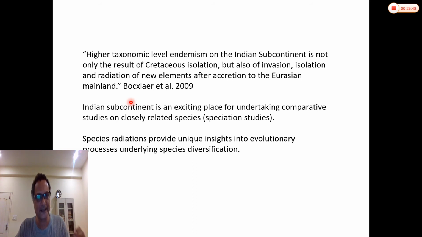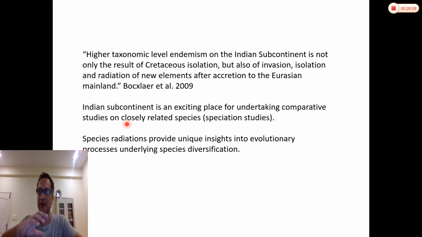So I think India is just a fantastic place, an exciting place for undertaking comparative studies of closely related species, because you have a radiation found within India, and you have these species distributed in vastly different kinds of habitats. For example, the Semnopithecus radiation, the langur radiation. You have langurs in the Himalayas.